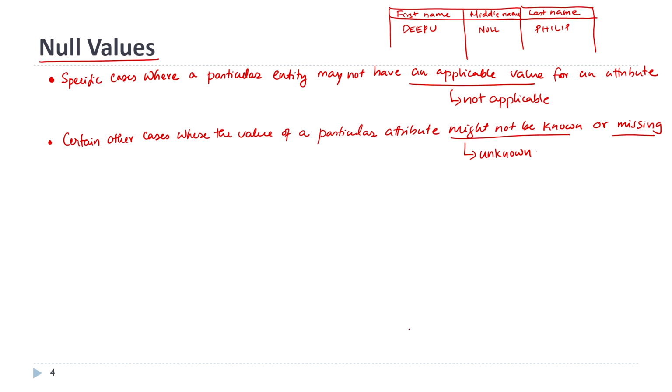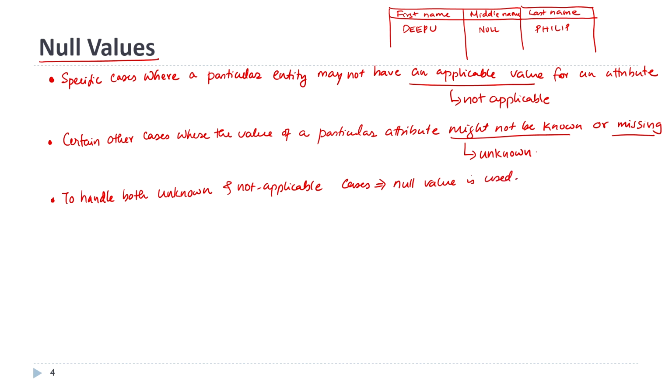So, null can either describe not applicable or unknown. Then to handle both unknown and not applicable cases, null value is used.